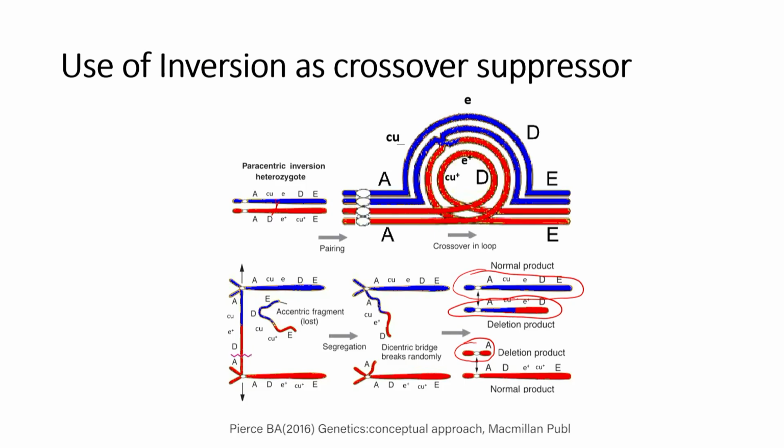Here the two mutants will remain the same at this place, they cannot get separated. So that means inversion we can use as a crossover suppressor. The crossover combinations will not be there. It is not really crossover suppression, mind it. It is only called a crossover suppressor because we do not have crossover products.